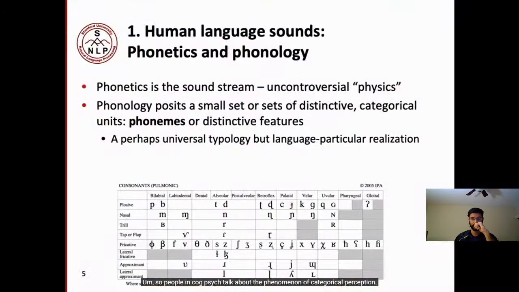So people in cog psych talk about the phenomenon of categorical perception. What that means is that really there's something continuous, but humans perceive it as belonging to fairly sharp categories. You can use that for styles of clothing, or whether someone counts as fat or not.